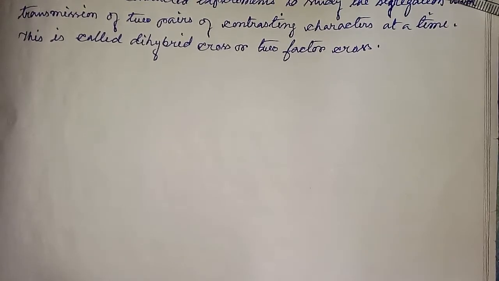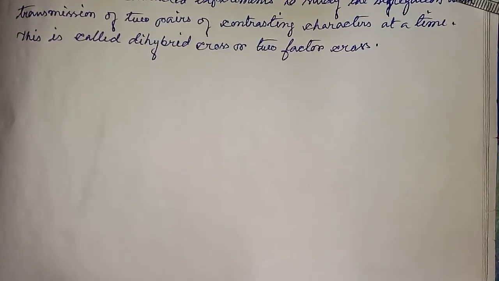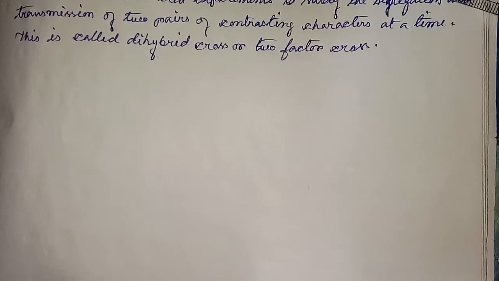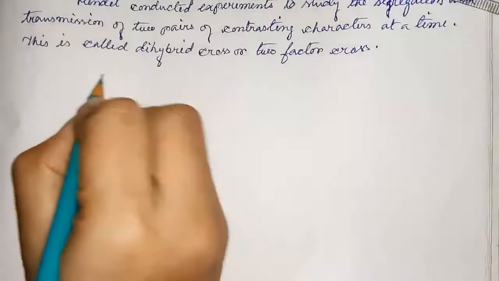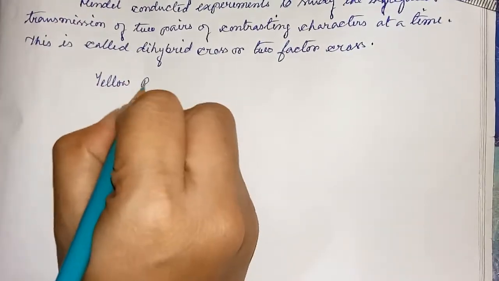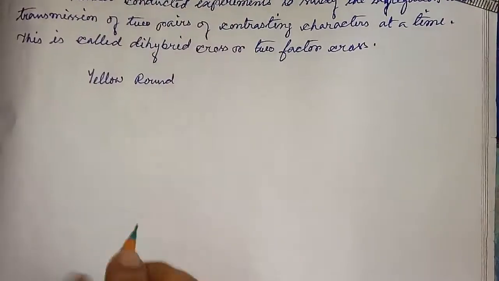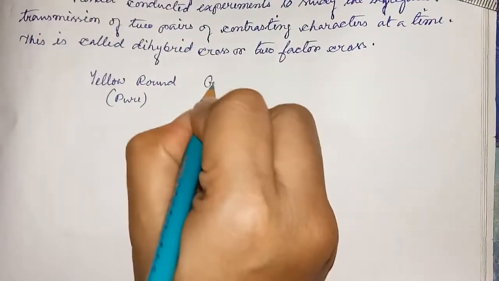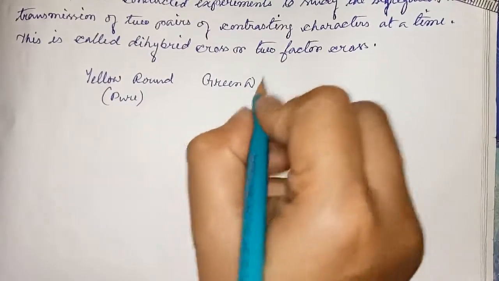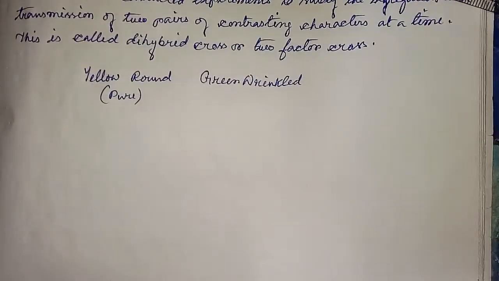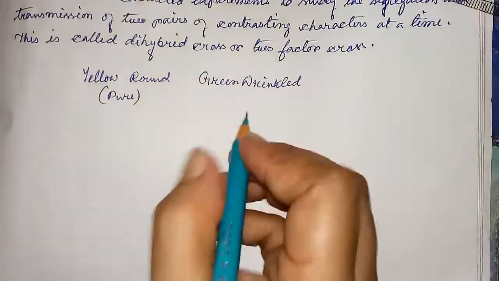So in that case, we take yellow round, which is pure, and green wrinkled, which is also pure.